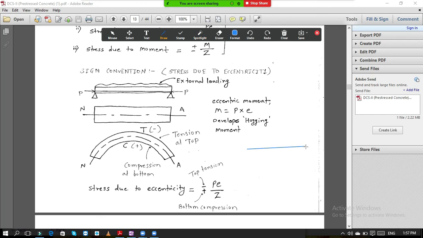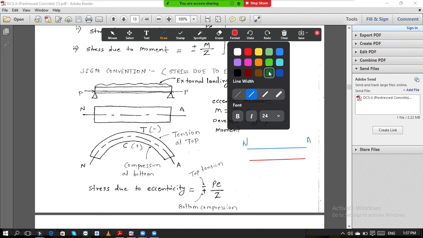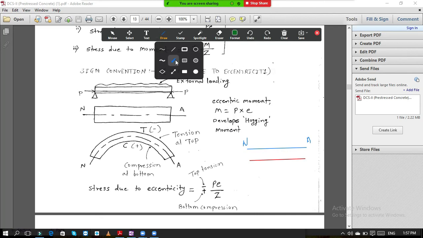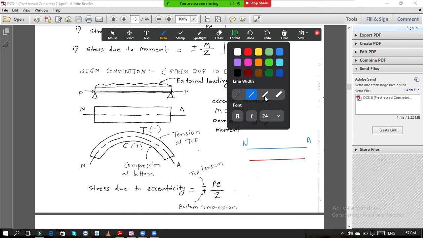This is your neutral axis. Your tendon is placed below the neutral axis, so here the tendon is placed, and now your force is acting here.